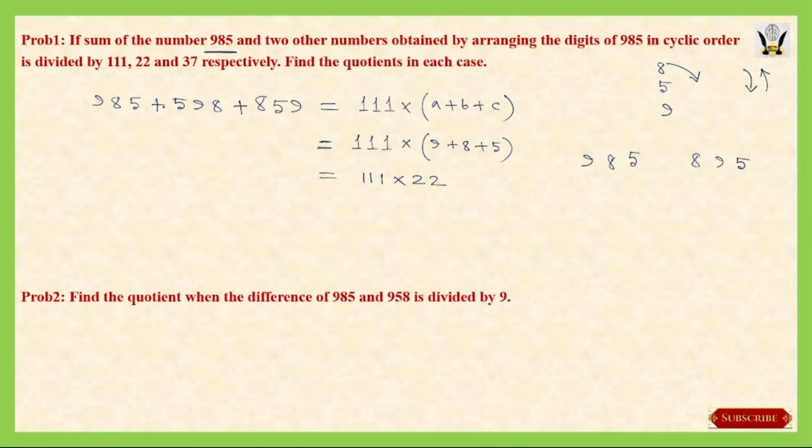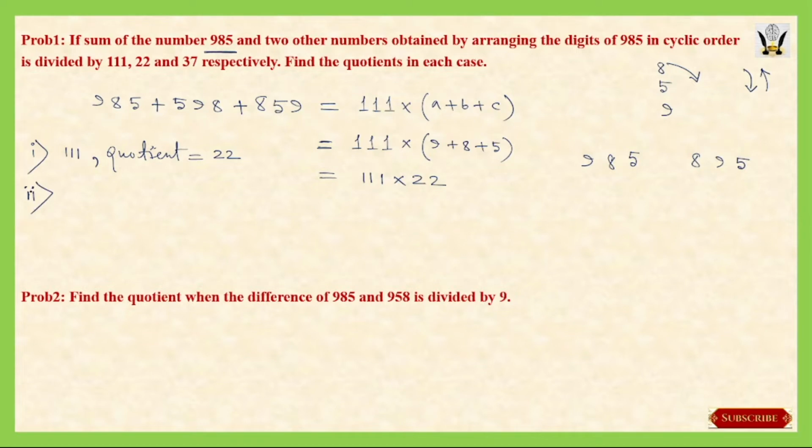If we divide this result of addition by 111, the quotient will definitely be 22. We are answering without performing the real addition and division, using the trick we have already learned.